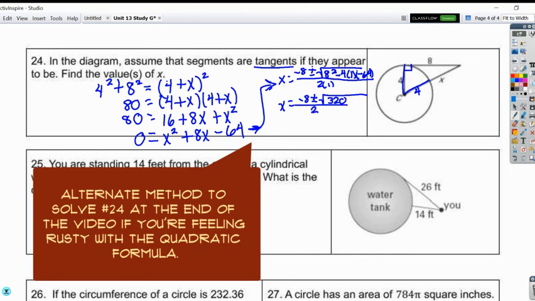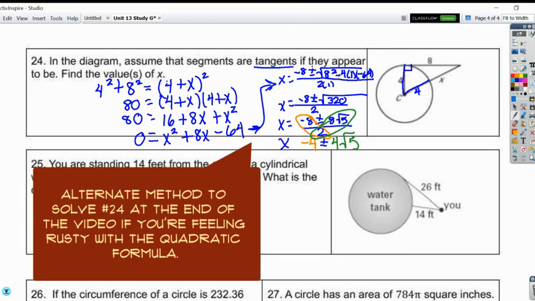And we're going to go ahead and simplify that. So this is going to put us at, simplest radical form there, negative 8 plus or minus 8 square root of 5, that gets divided by 2. And then remember that we can simplify, so the negative 8 divided by 2 would put us at a negative 4. Keep the plus or minus options, and then the 8 square root of 5 divided by 2 would be 4 square root of 5.